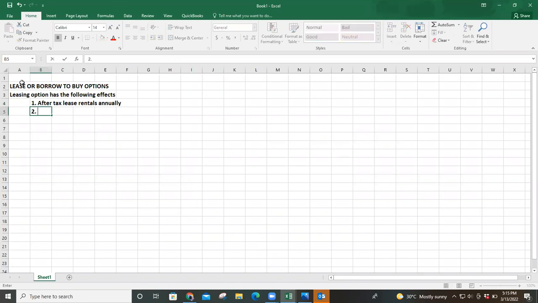Number two, there will be savings, let me call it annual savings in after tax maintenance costs, if any. And anytime we're talking about after tax, it should be 1 minus T. Whatever we have, we adjust for tax, 1 minus T.